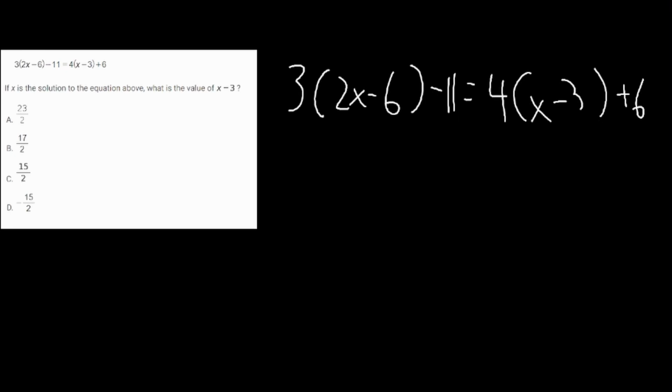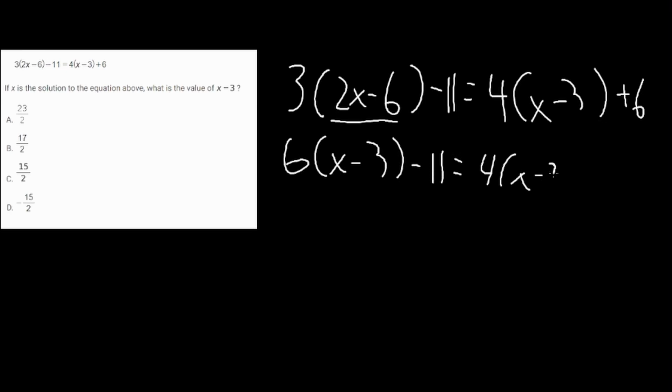However, there is a little trick to this, which will allow for an easier answer. Instead of solving for x, we are going to solve for just x minus 3 by factoring out a 2 here, giving us 6 times (x minus 3) minus 11 equals 4(x minus 3) plus 6.